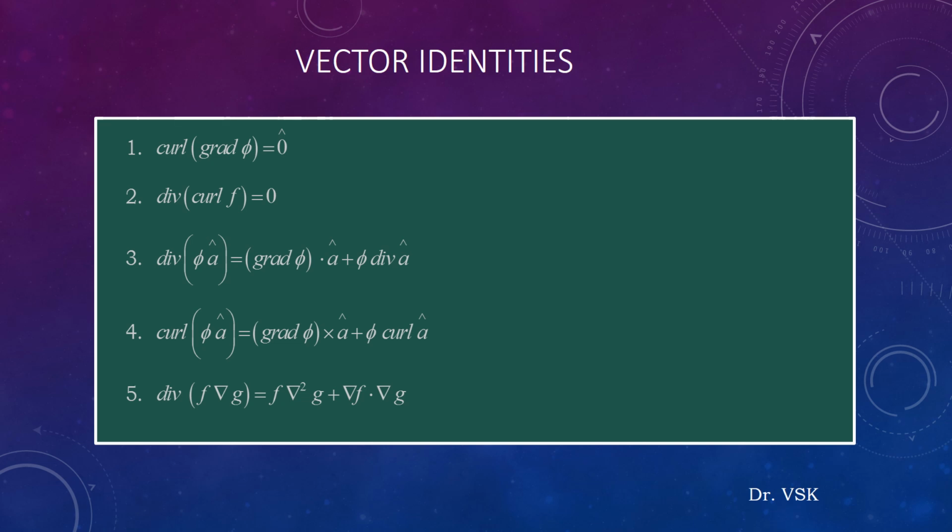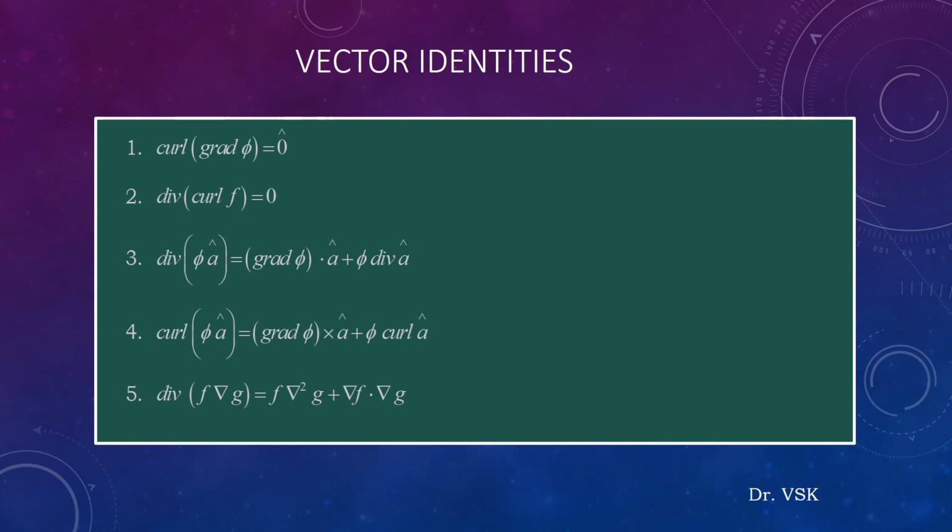It is also a vector. The sum of two vector fields is again a vector field. So in this vector identity, the LHS and the RHS both are vector fields. So this is called a vector identity. Whereas the previous identity is called a scalar identity.